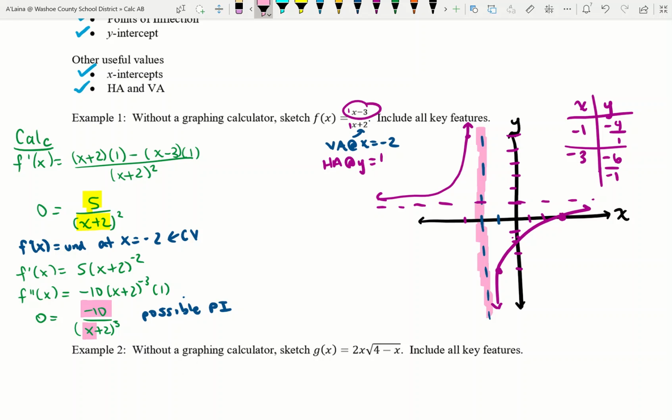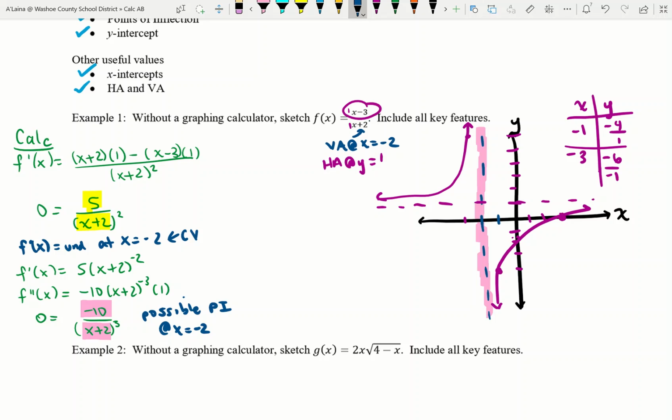Or where the second derivative is undefined, which would occur when the denominator is equal to -2. Well, that's interesting. -2 is a critical value, and it's also a possible point of inflection where we might see a concavity change. But we also know it's a vertical asymptote.